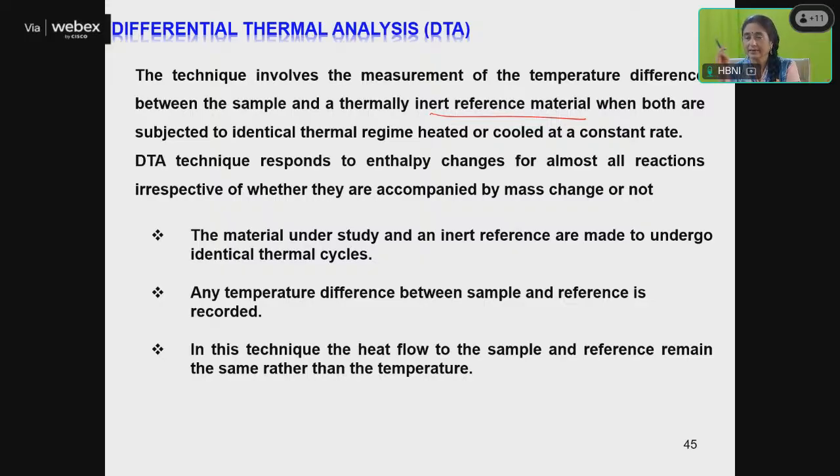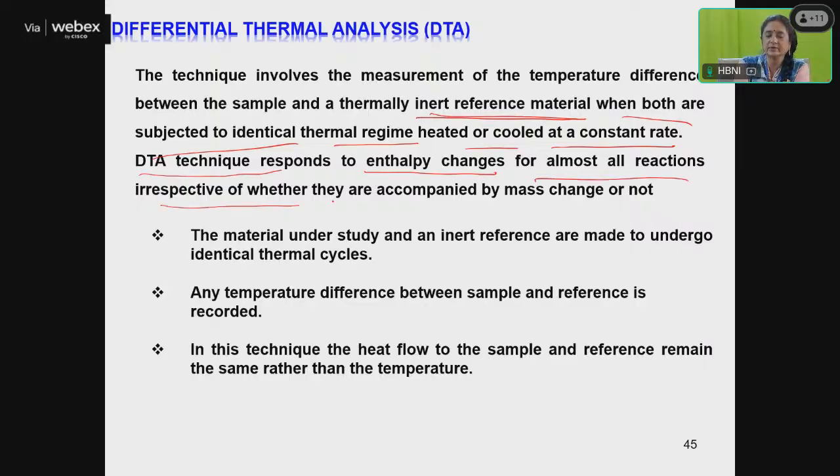Both are subjected to an identical thermal regime, heated or cooled at a constant rate. DTA techniques respond to enthalpy changes for almost all reactions, irrespective of whether they are accompanied by mass change or not. So even if mass change is there or not there, it does not matter. Now what you are looking at is, with respect to the reference material, how its temperature is changing.